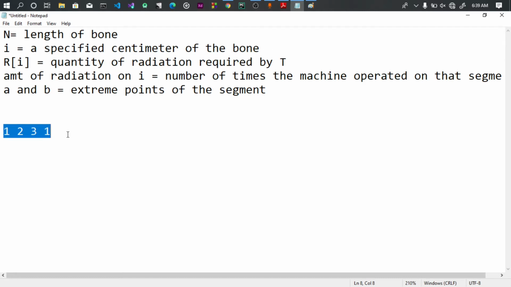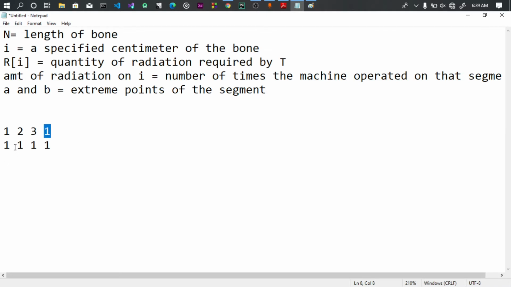So what I mean is that we're going to look for a way to apply radiation to this, which would be applying radiation here, here, here, and here. And for each radiation applied, we are filling up the holes here to try and reach this value, for each of the holes.